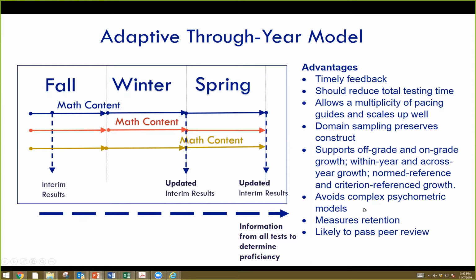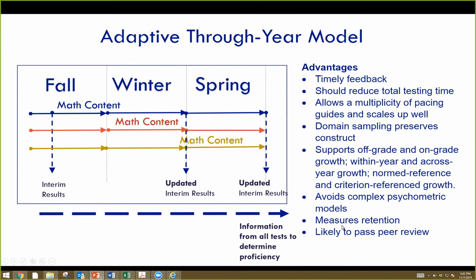I don't know about you, but to me, almost all psychometric models are complex. And this particular model is less complex than others. For instance, we're not weighting particular administrations against one another.